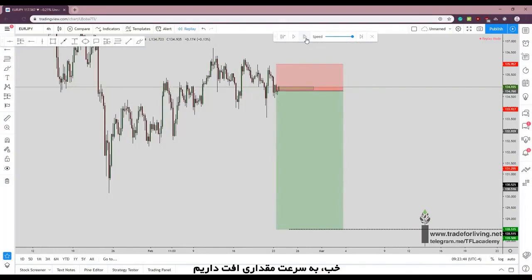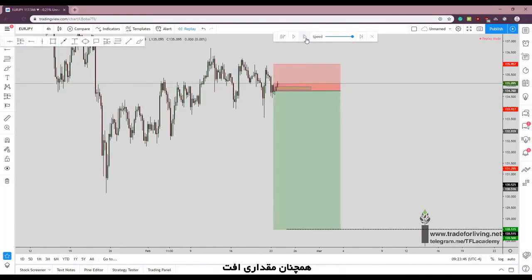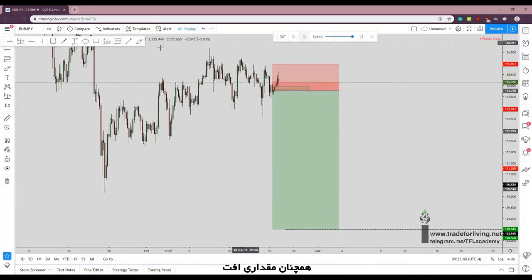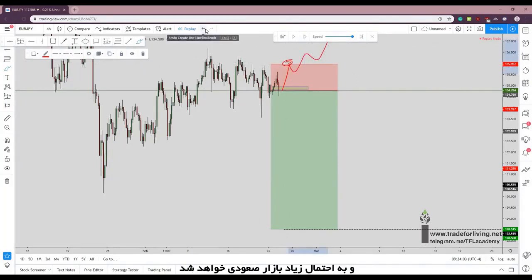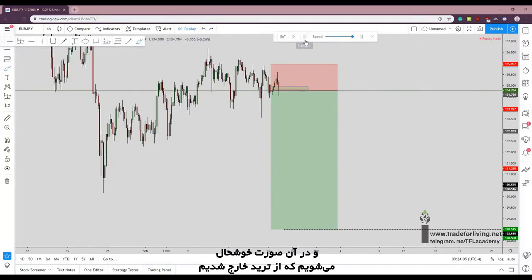So we have immediately some drawdown, again some drawdown. We know that until the market remains below this high, we will be perfectly fine. And if the market does make it above this high, then overall the market has created a higher high, so we have good probabilities that the market will continue to the upside, and we are happy to be out of the trade.